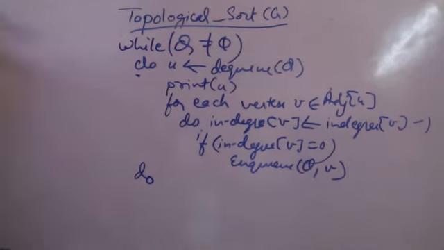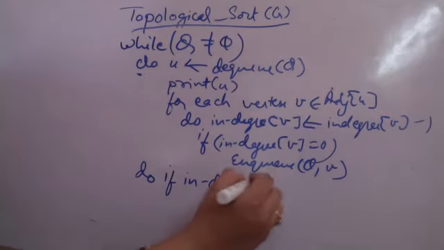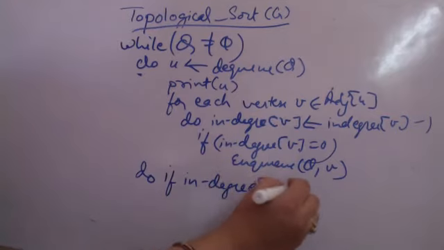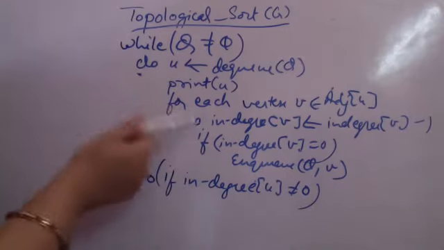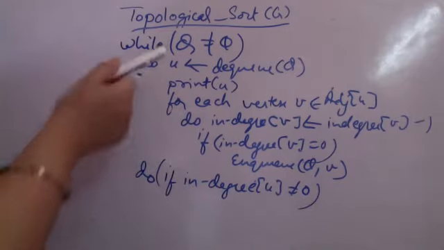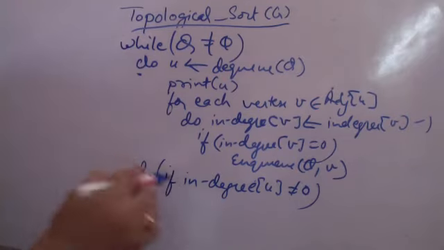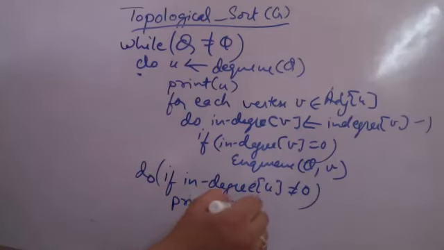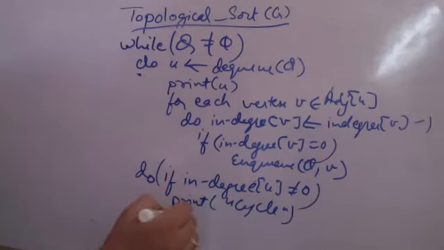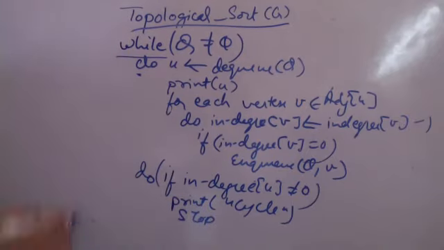So in that case, it is a cycle and I should stop. If there was an edge going to U itself, in degree of U will go to -1 or -2 or something like that. In that case, you should print cycle and stop. Else the loop should continue while there is something in the queue. This is all happening within the while loop.